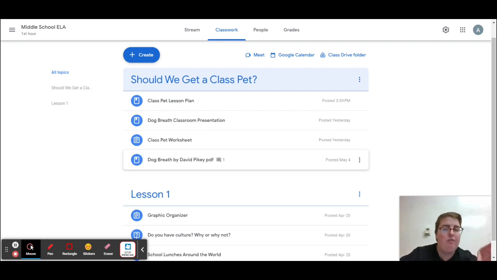And then I have Dog Breath by Dave Pilkey PDF. That is a PDF version of the children's book we'll be reading in class, the book that I will be reading out loud to them. However, I know that sometimes students have a difficult time remembering, or since I'm having them pull out evidence from the text, I want them to have the text so they can look back on it and reread it and love and cherish it the way I do.